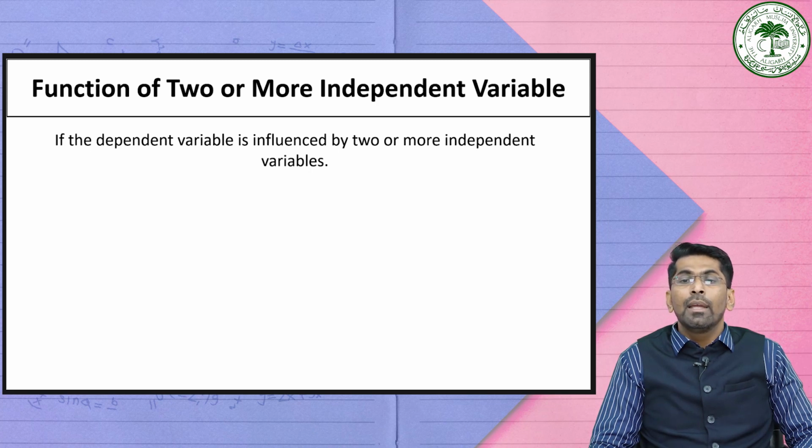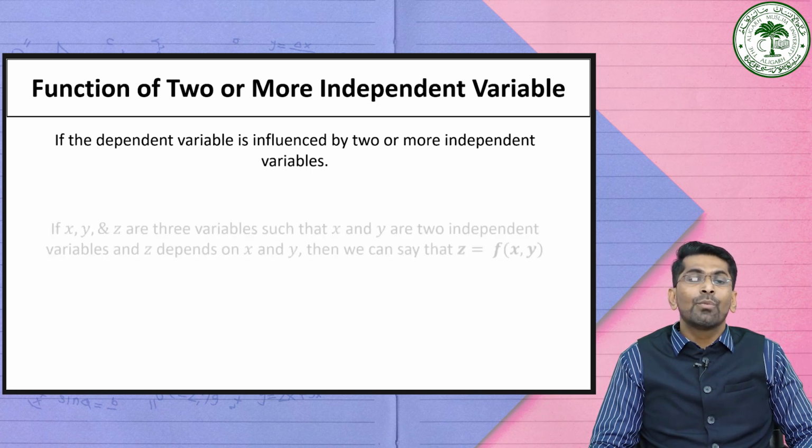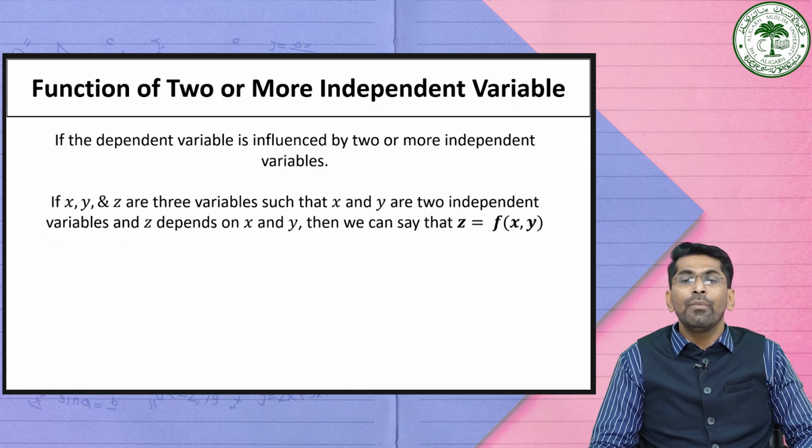For example, if x, y, z are three variables, x and y are independent variables, and z is the dependent variable depending upon x and y, we can write z is a function of x and y.